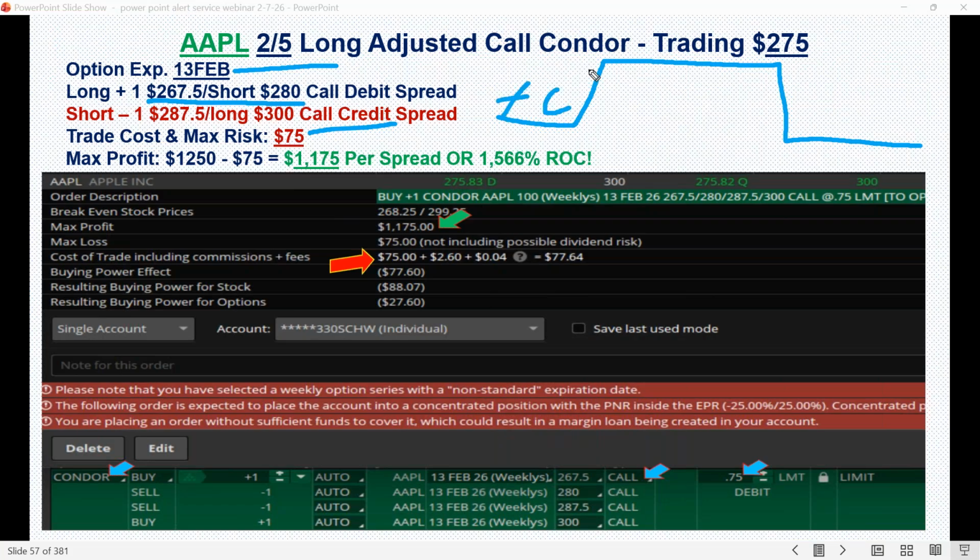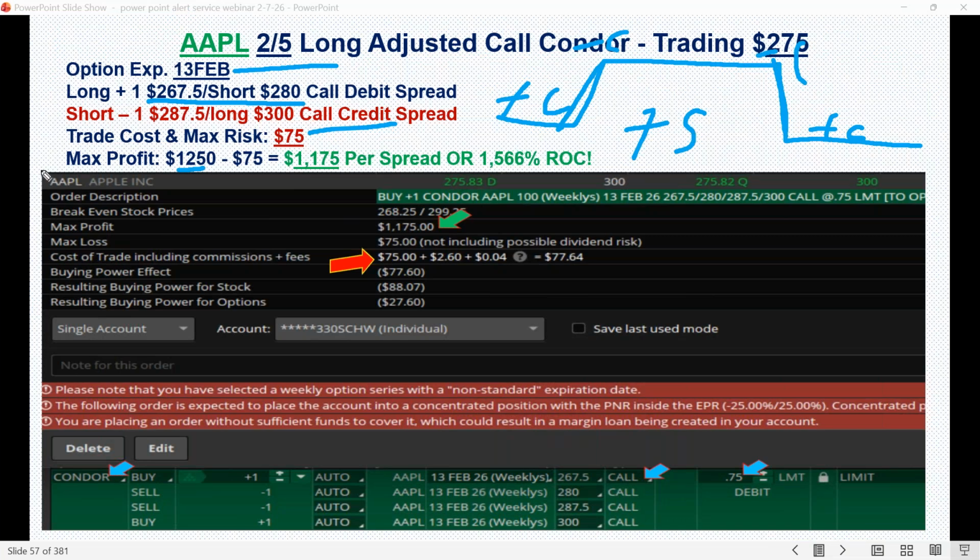So long this call spread here, and then added another leg, the 287.5 300 call credit spread here. And this created a spread 12.50 wide on each side, and reduced the cost down to 75 bucks. So the max risk on this trade now is $75.